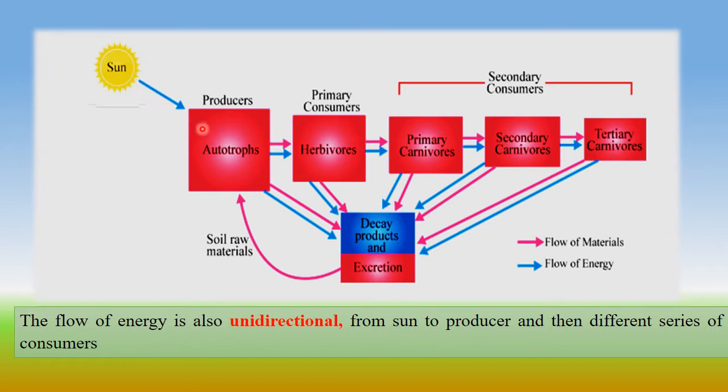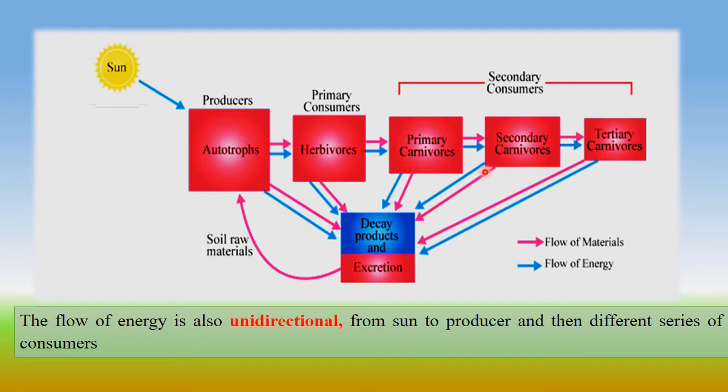These autotrophs are producers. They utilize solar energy, minerals and water, produce the food, and then transfer it to the other levels. Other organisms belong to the consumers, be it primary, secondary, tertiary or quaternary consumers, and finally decomposers, which are present at the bottom to recycle the organic content.